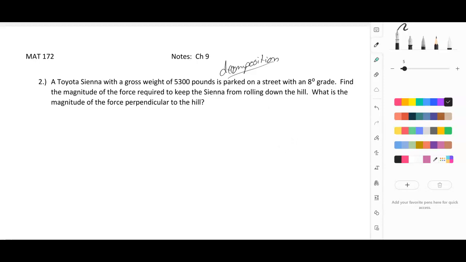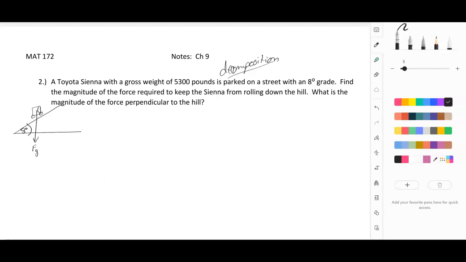So let's talk about that gravitational force and what's going on. I'm going to draw a quick picture. So this is 8 degrees. Here's my car. So we're on a slight incline here. When we think about that force, this is the force with respect to gravity, and it's always acting perpendicular to the Earth.